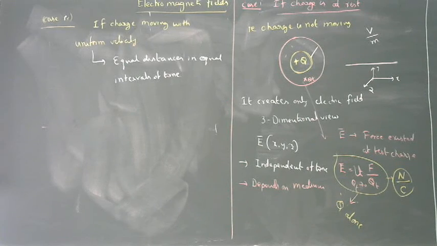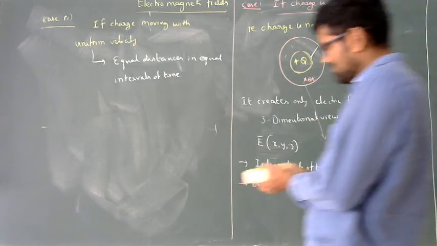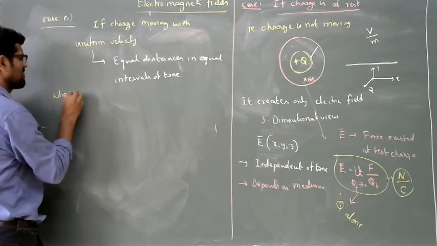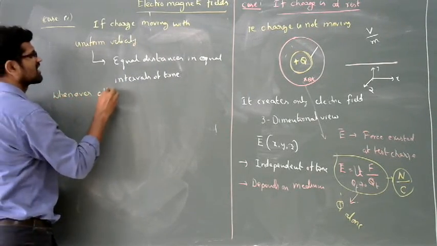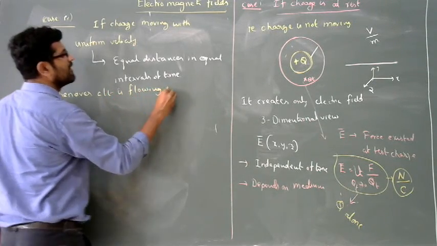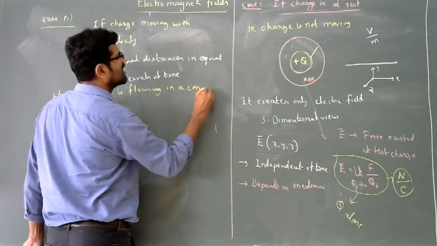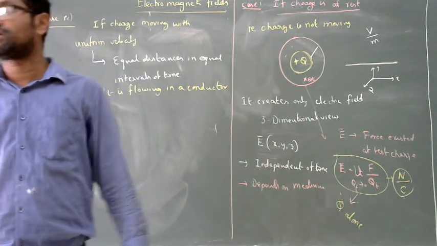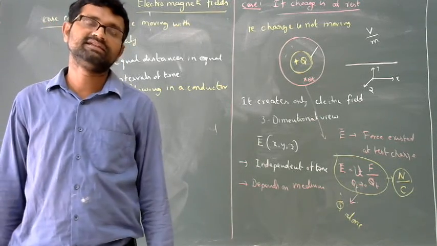Whenever current is flowing in a conductor, any current carrying conductor is nothing but a magnet.